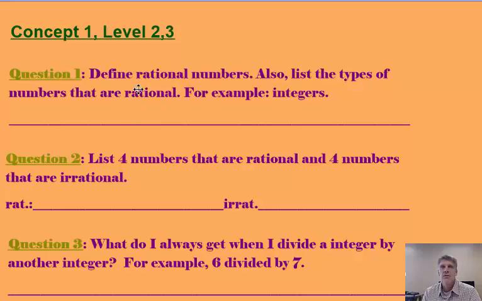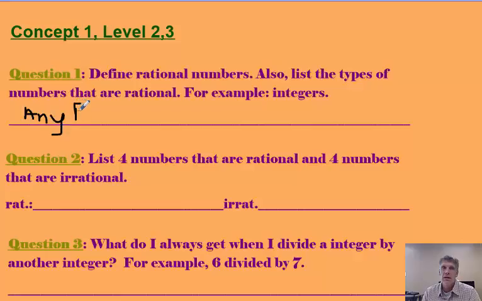Alright, check the answer here. We want to define a rational number. Well, first of all, what is a rational? If you have to look back, you should have it memorized. If I divide two integers, I will get a rational number. So basically, any fraction is going to be a rational number.